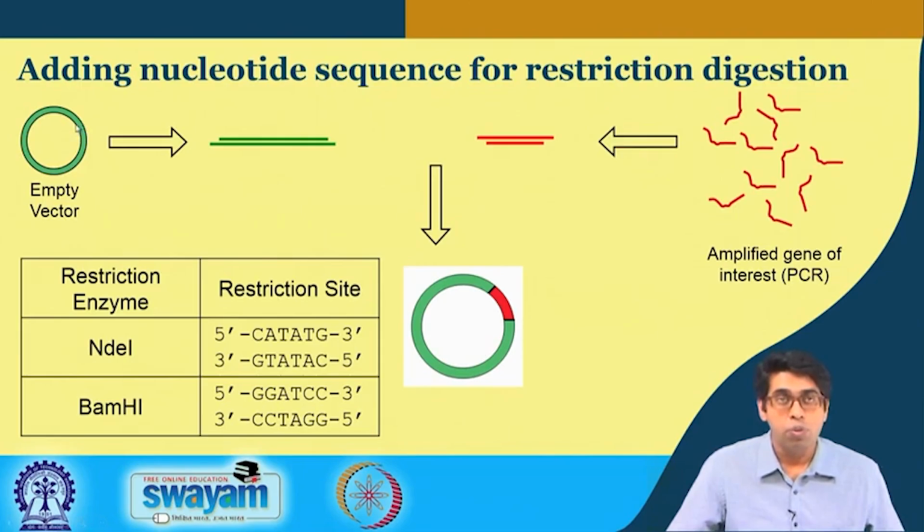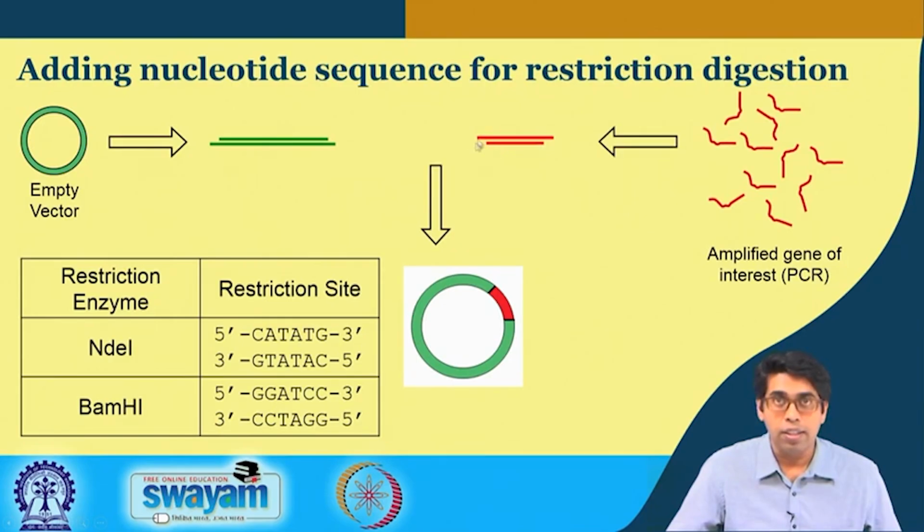So, the multiple cloning site encodes for different restriction enzymes. If we use 2 restriction enzymes, then you get 2 different overhangs at this end. You can see clearly that this overhang is different from this overhang, so it will not be able to close the plasmid. It will not go back to a circular plasmid. By using the same set of restriction enzymes on our PCR product, we will generate a restriction digested PCR product.